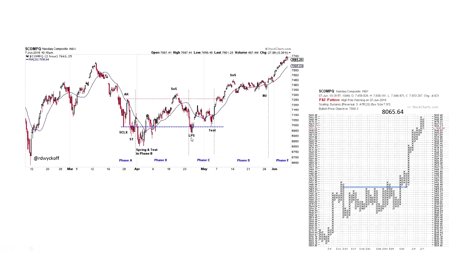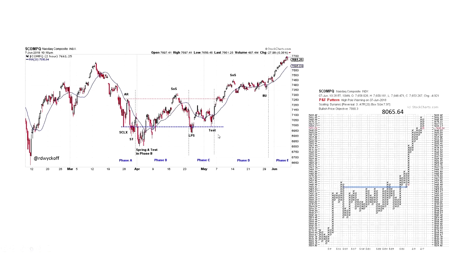Stop goes below the LPS low, and because this market is now under accumulation and nearly complete, we expect that the risks of it going down through the LPS low are low. And so this is a very good tactical place to put a trade on, because there's a low percentage possibility of the stop being executed.